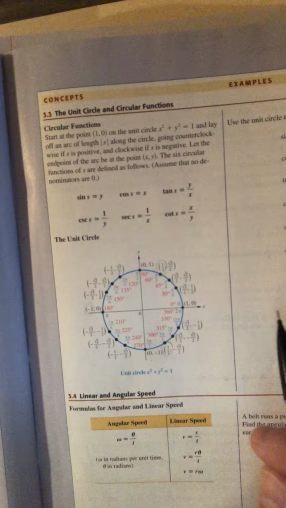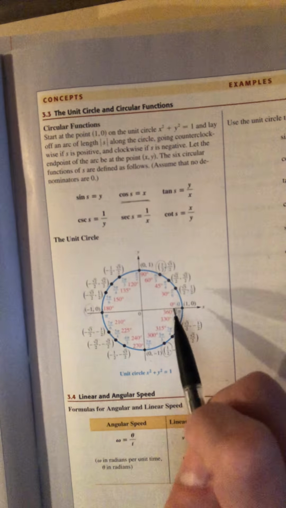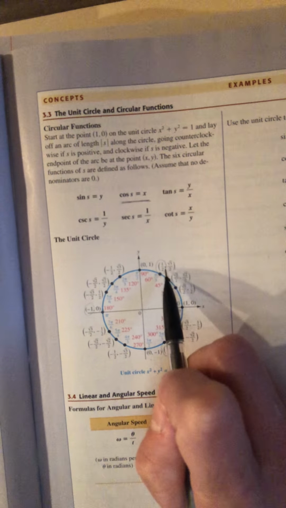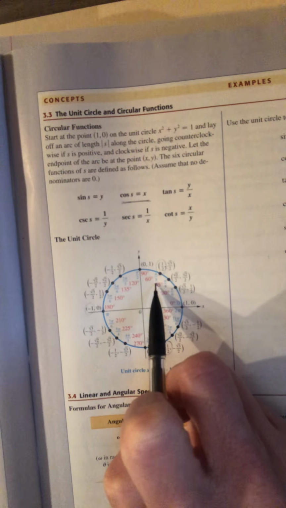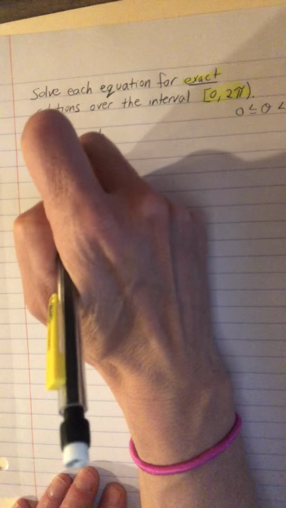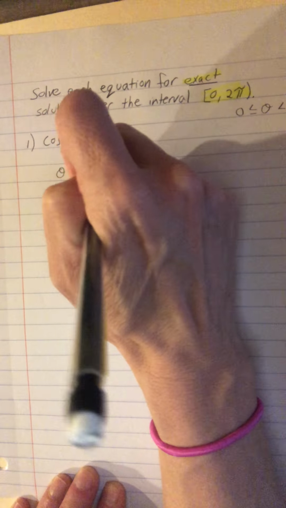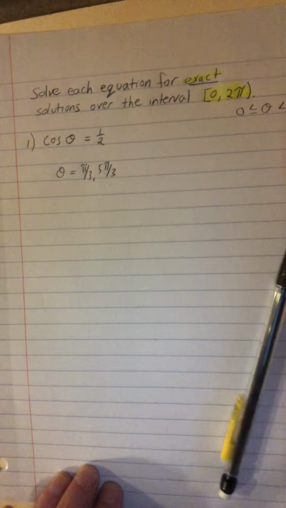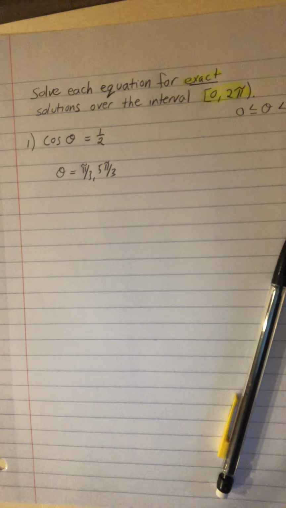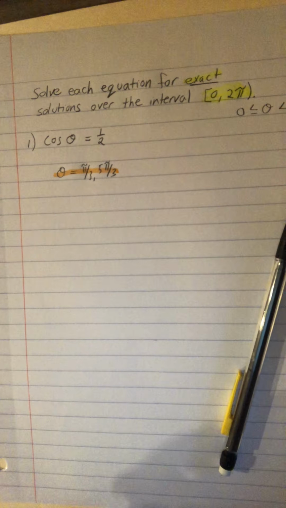I'm saying x because remember, cosine is equivalent to x, so I want to look at when the x value of my coordinate points is equivalent to 1/2. In this case it's at pi over 3, and down here it's at 5 pi over 3. So I will have two solutions for theta: theta is equivalent to pi over 3 and 5 pi over 3. Those would be my two solutions for when cosine is equivalent to 1/2 on the interval between 0 and 2 pi, 0 being inclusive.